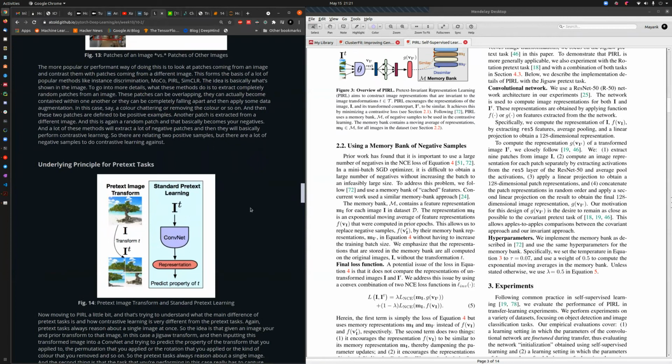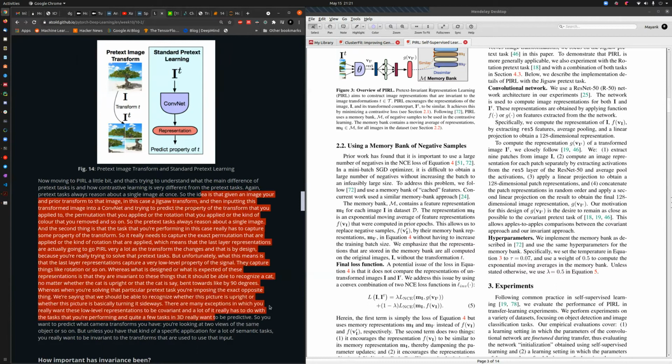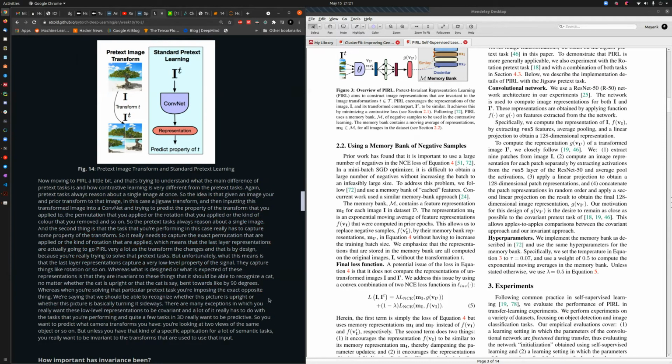Then we talk about the underlying principles of the pretext task, specifically with respect to PIRL. With respect to low-level representations, how do we perform it in a three-dimensional way?